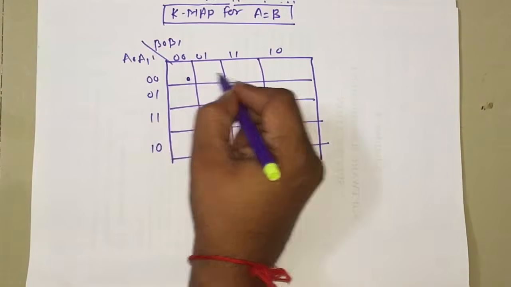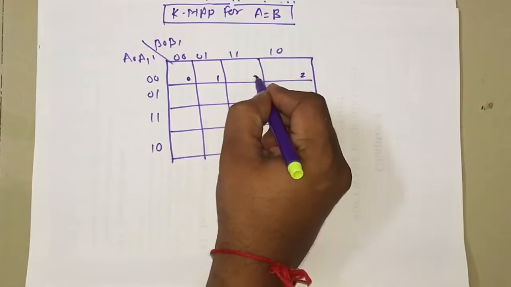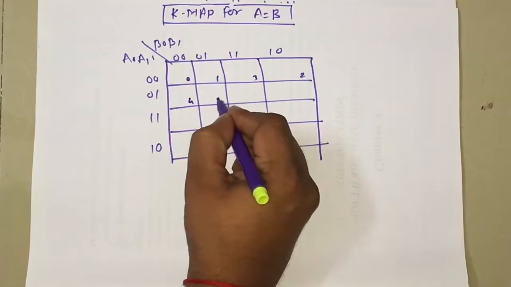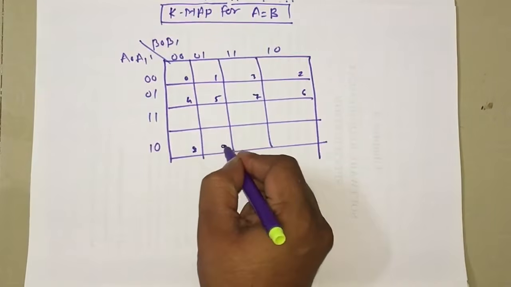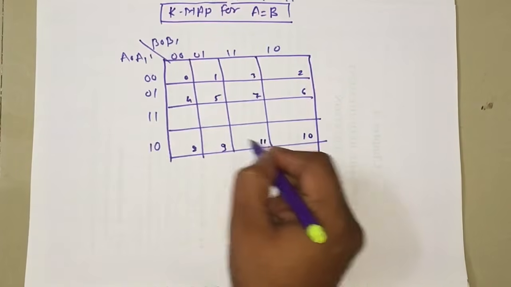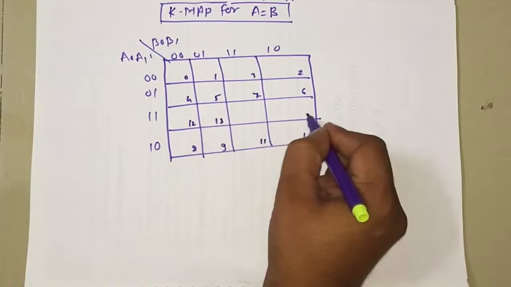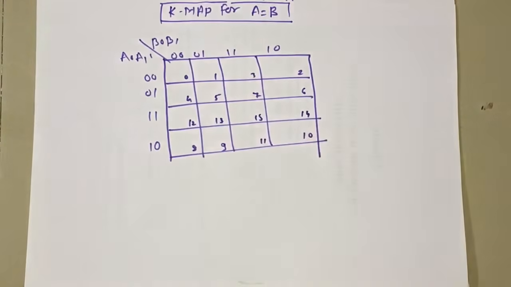Min-term values are 0 1 2 3 4 5 6 and 7 8 9 10 and 11 12 13 14 and 15.